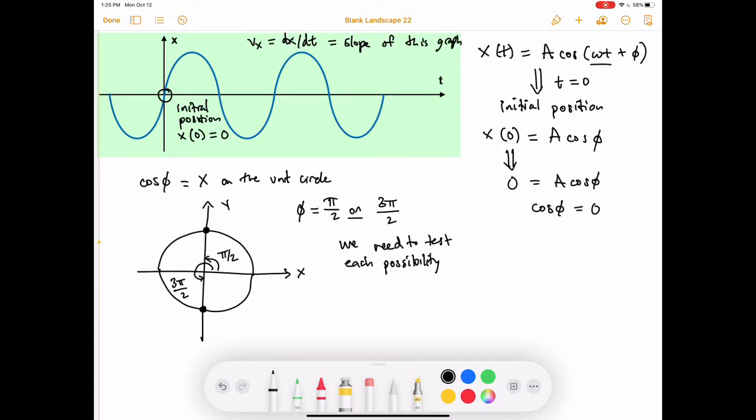So if at t equals 0, I draw a tangent line to the curve, I can see that the velocity at time 0 is something positive. I don't know the actual numerical value for the initial velocity, but I do know that it's positive. Okay? So what we can do is figure out which one of these two angles will give us a positive initial velocity.